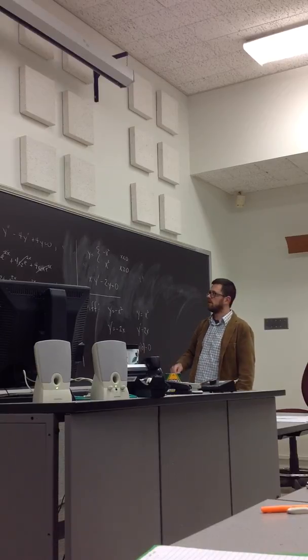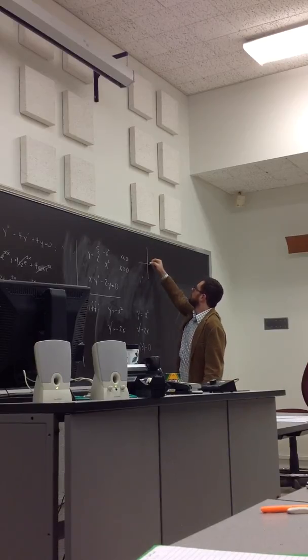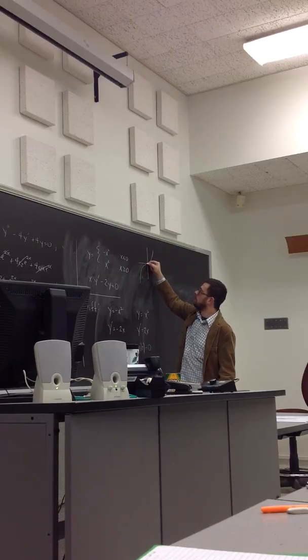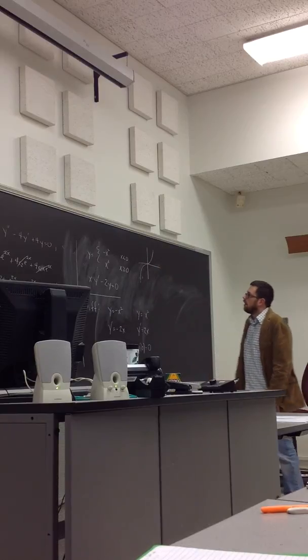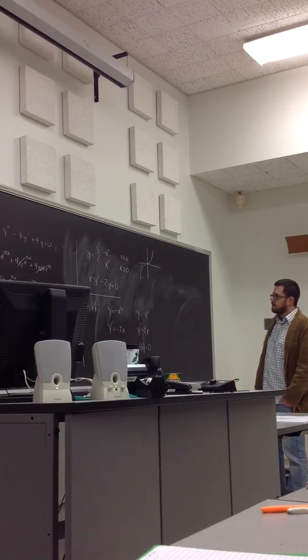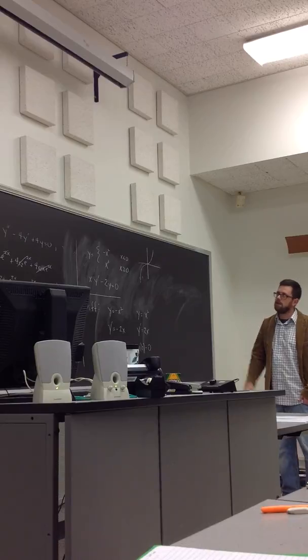So this is differentiable. If you can imagine, this graph looks something like this. It's an upward sloping parabola on this side and downward on this side. So you can see that it has a horizontal tangent line right here. So this means that it could possibly be a solution because it's differentiable everywhere. That's the one thing that you need to check.